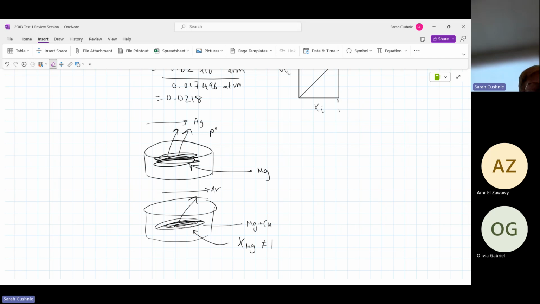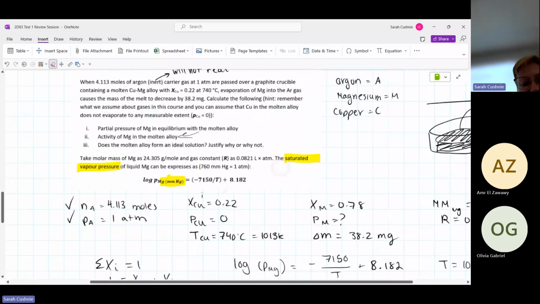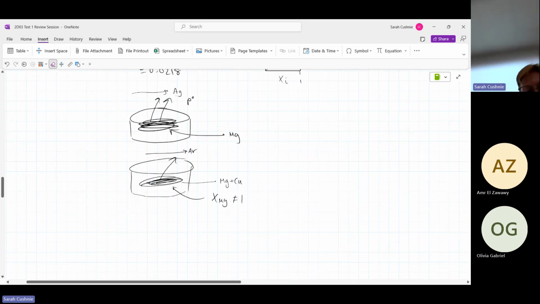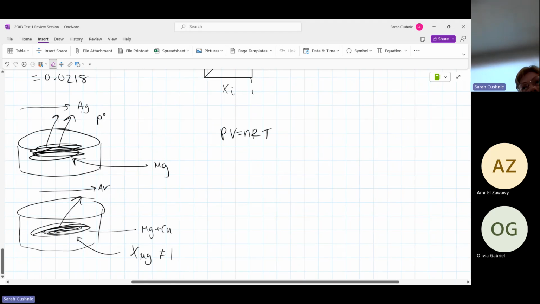So when you're dealing with a calculation, here it specifically says the saturated vapor pressure is given by this equation. If it says saturated vapor pressure, we know it's going to be the saturated vapor pressure. That's kind of easy. Great. When we're dealing with PV = nRT, this is where it gets trickier, and you need to think, what does it mean by saturated?